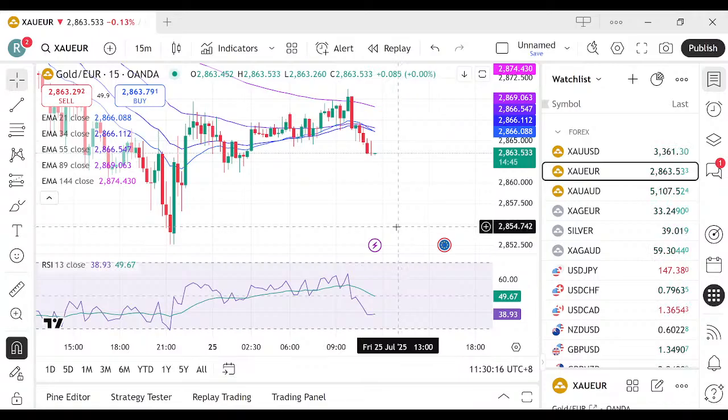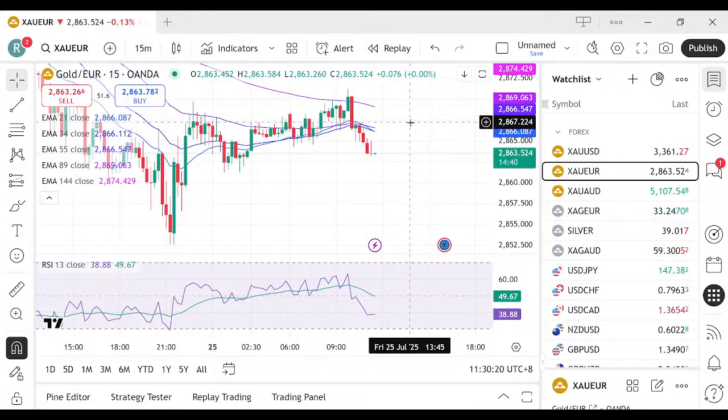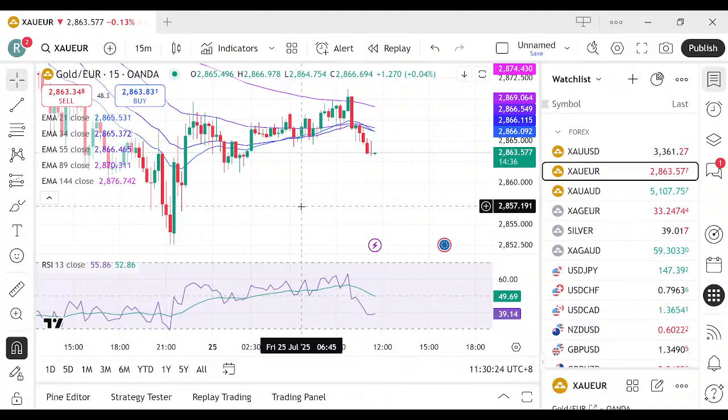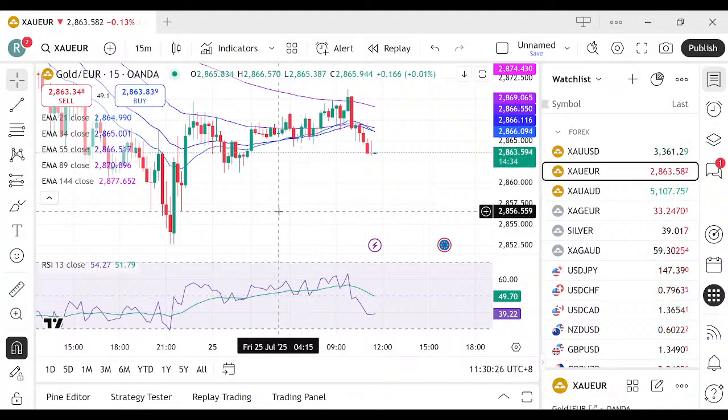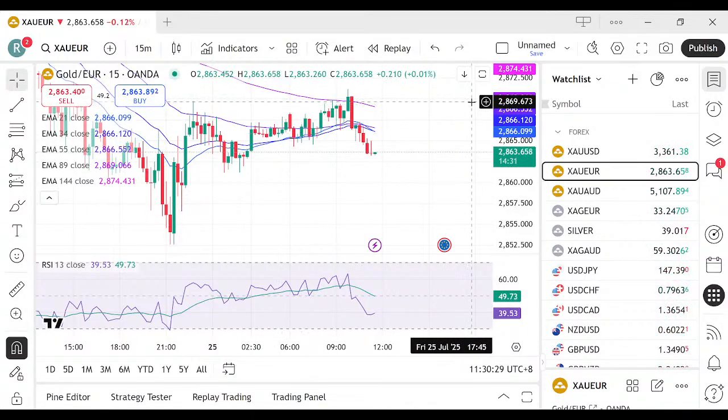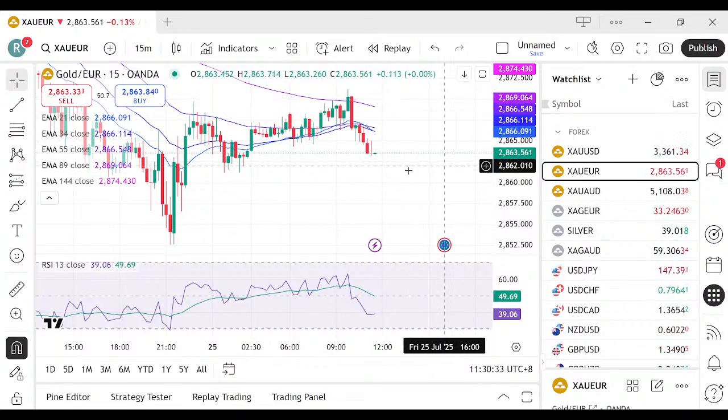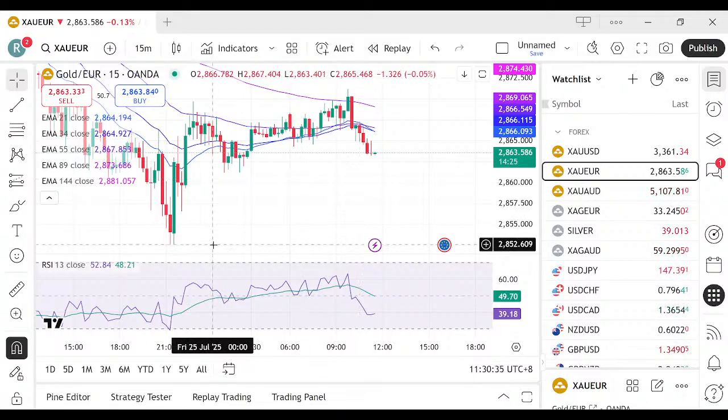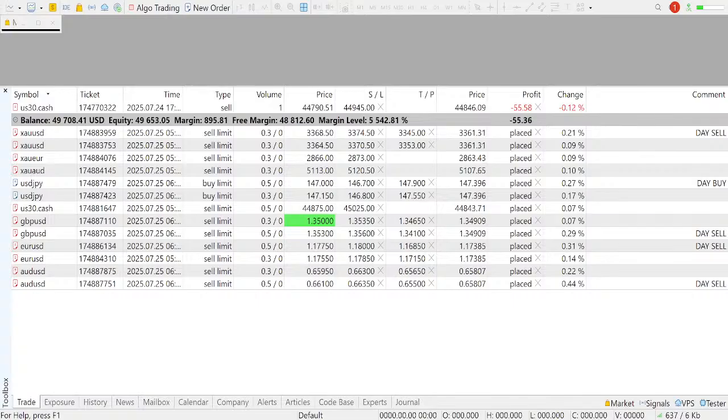We'll take it as 54. Okay, so then the second entry, we will go for 68 or 70. Okay, I think we have all the information needed for the trade.